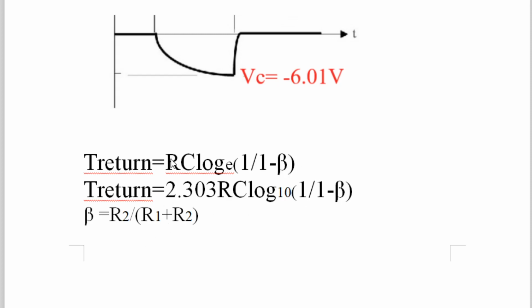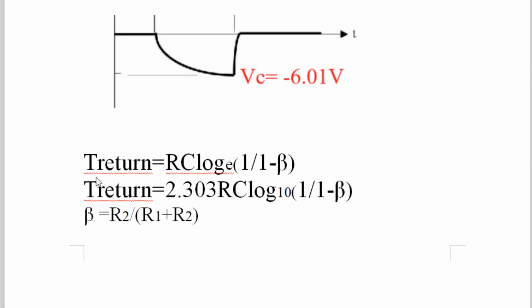Therefore, T return depends on the value of R, the value of C, and R1 as well as R2, because if you substitute beta equal to R2 divided by R1 plus R2, you will get it. Now log to the base e will be converted into log to the base 10 simply by multiplying it by 2.303. So T return is equal to 2.303 RC log to the base 10 into bracket 1 divided by 1 minus beta, bracket close.